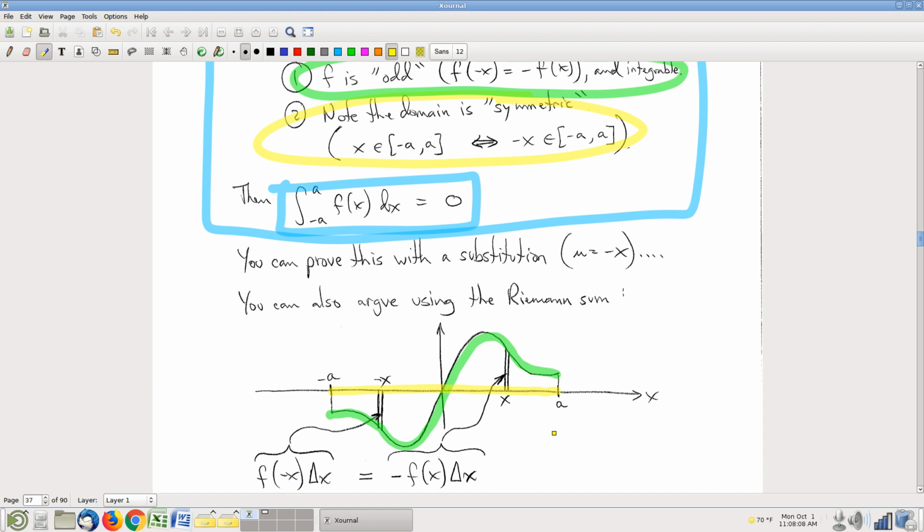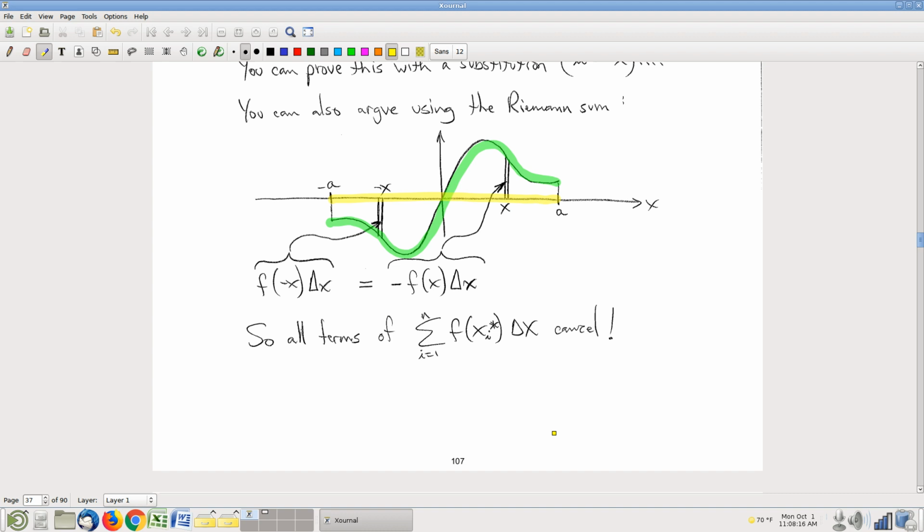Whatever positive we have, there's corresponding negative on the other side. Everything cancels. Right? Riemann sum, likewise. So all the terms in this Riemann sum, so that term and that term, those two terms in this Riemann sum just cancel each other.